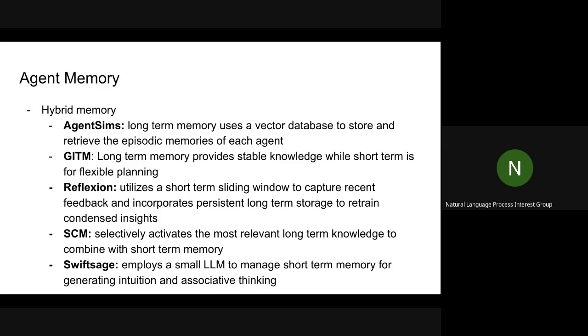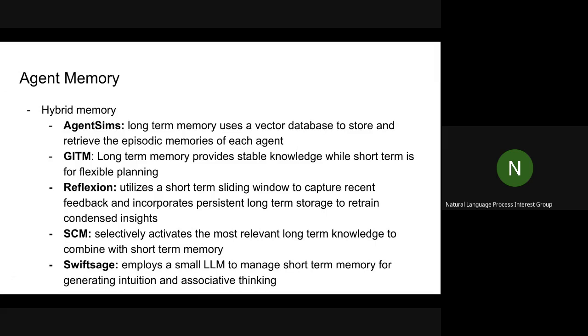And this is also what I mentioned about it being on how to solve different tasks. So each memory is like, in order to do this, I did XYZ, and they store that as a memory unit. And then the long-term memory is mostly like, this is what worked to do this task and so forth. And then reflection uses a short-term sliding window to capture recent feedback and incorporates persistent long-term storage to retain condensed insights.